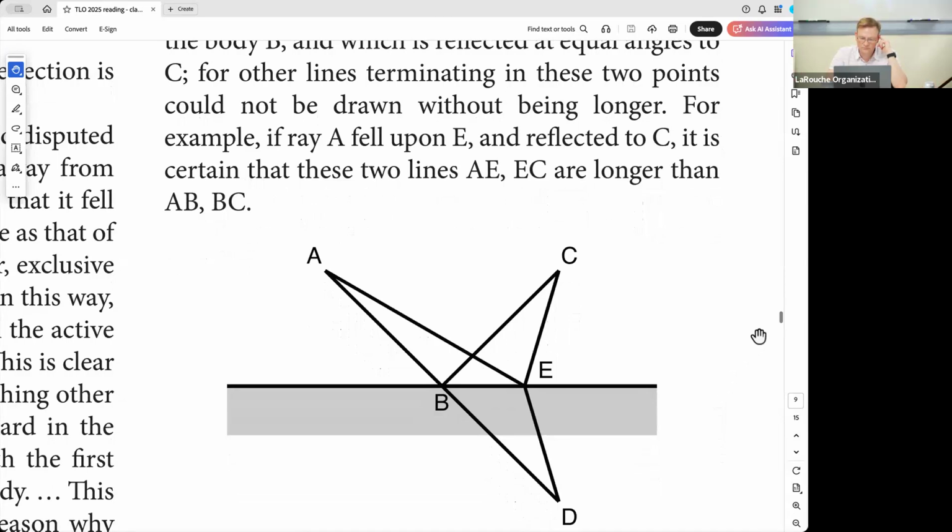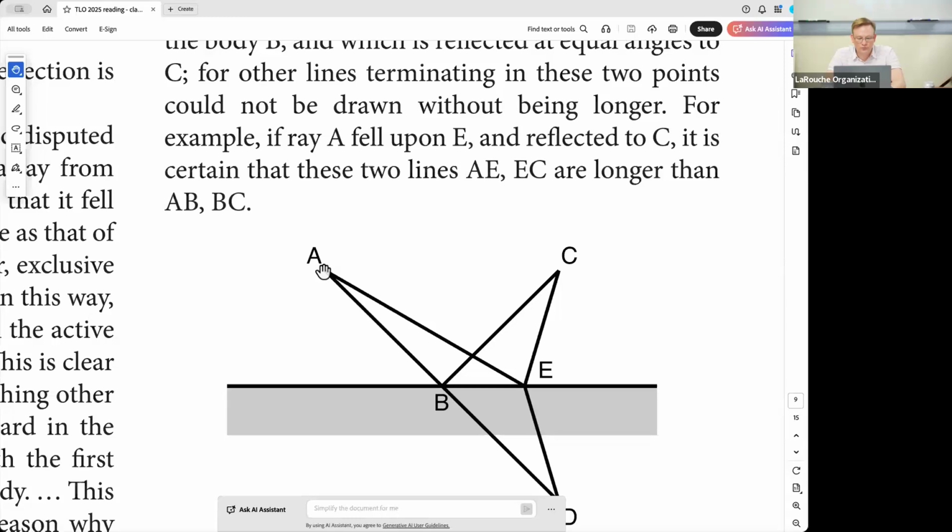For example, if A fell upon E and reflected to C, it is certain that these 2 lines, AE, EC, are longer than AB, BC.